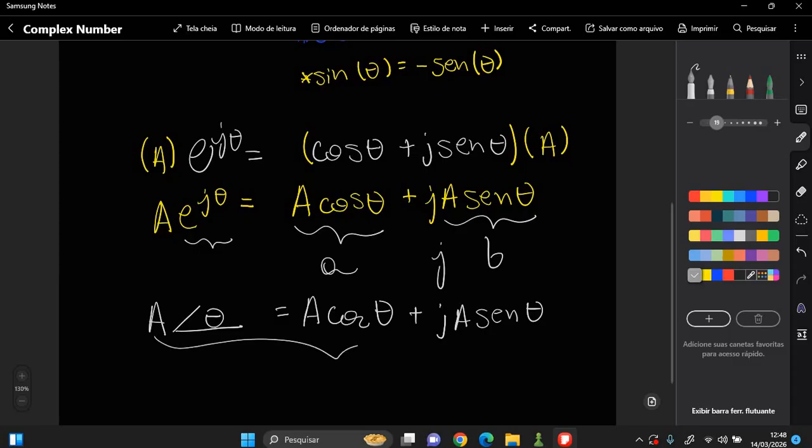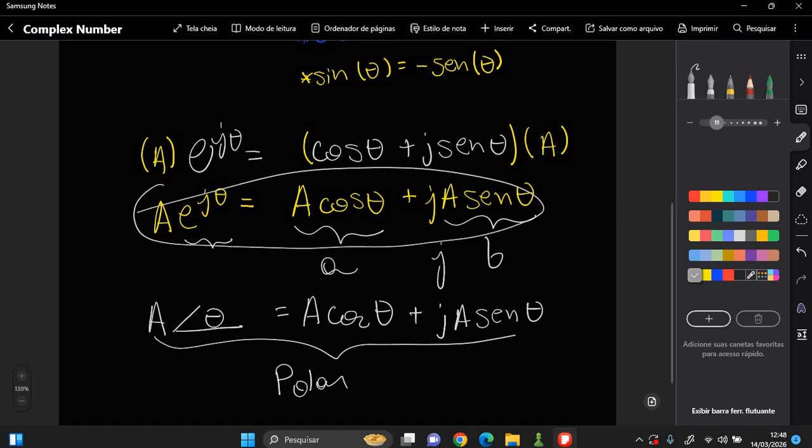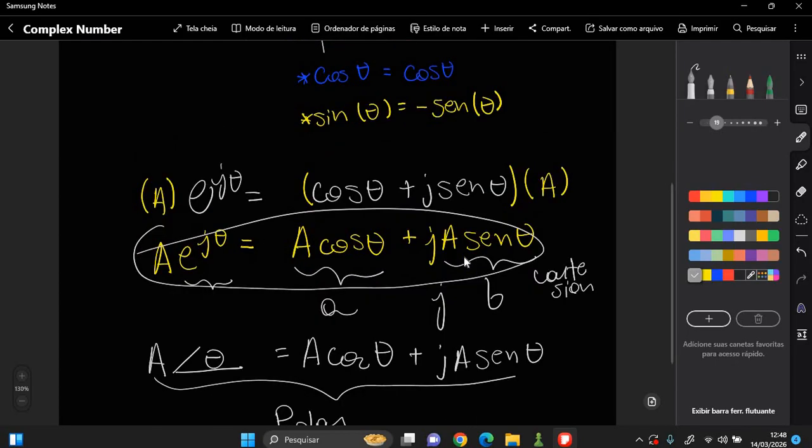And this is for polar coordinate, and this is Cartesian. And now you know why a complex number z is represented this way.